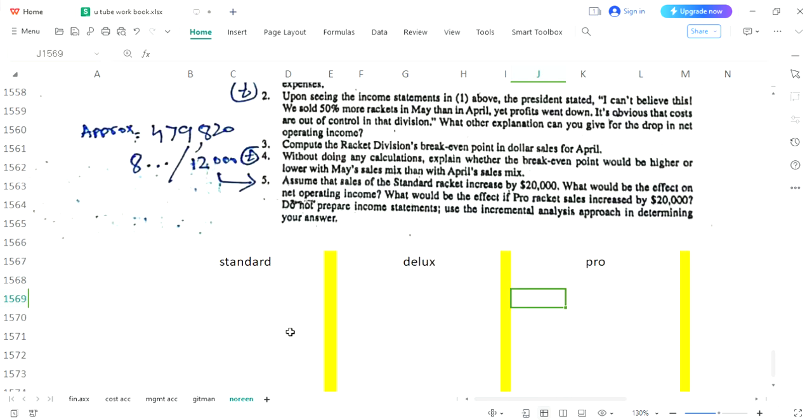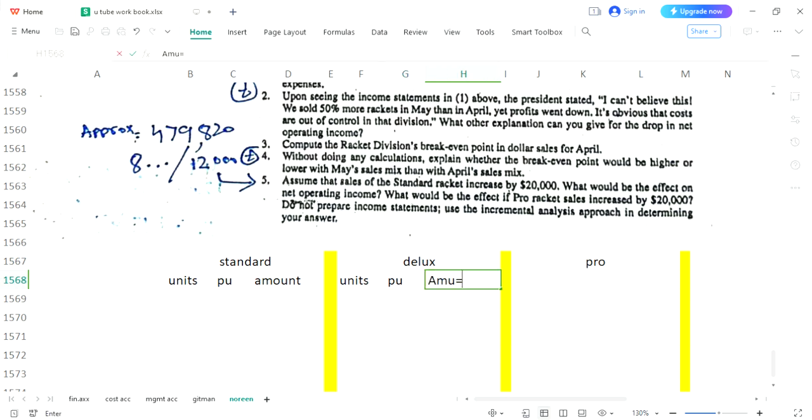And the next thing we will be doing would be units. As usual, per unit would be written over here, and we will be writing amount over here. This would be for the product standard, and then we will write again units, per unit, and amount over here.